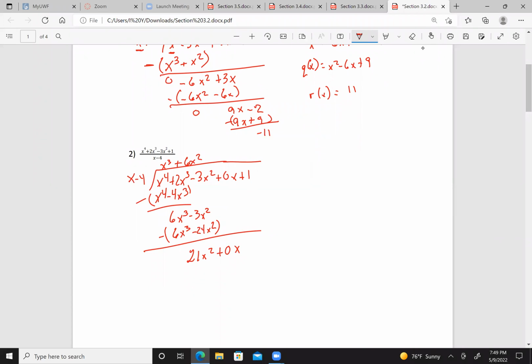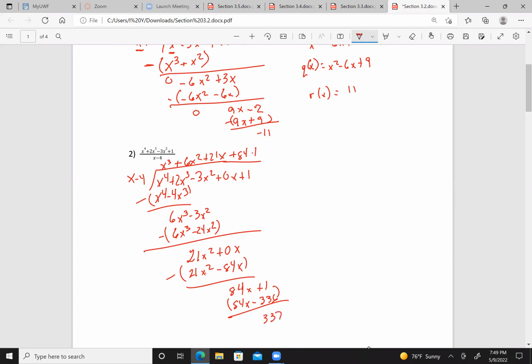Well, 21x times x gives me 21x squared, minus 84x. Subtract again, and I get 84x plus 1, bringing down the 1. So I get plus 84. And here I get 84x minus 336, which when subtracted gives me 337.